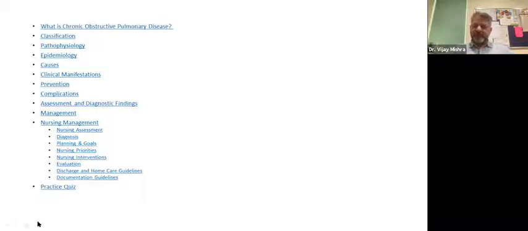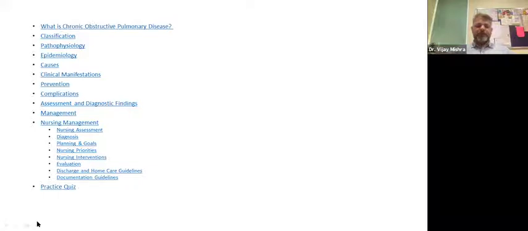And we'll be essentially talking about the nursing management, not the medical management, which will include nursing assessment, diagnosis, the goals and the planning, the nursing priorities and the interventions. How do you evaluate whether your interventions had any benefit or not?